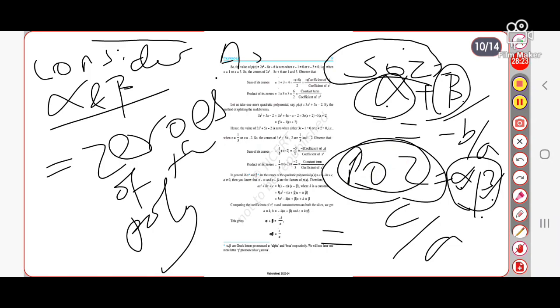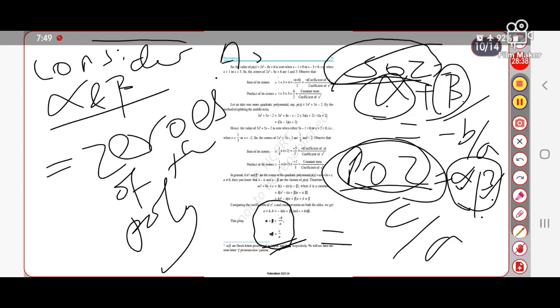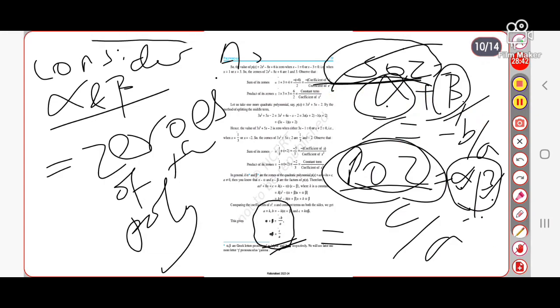So what we need to know is that alpha plus beta is minus b by a and alpha beta is c by a. If you remember this well, whatever the question, even if they twist it by giving the product of zeros and asking for the sum, or giving the sum and asking for alpha or beta, you can solve the entire problem. Okay, let's see the second example.